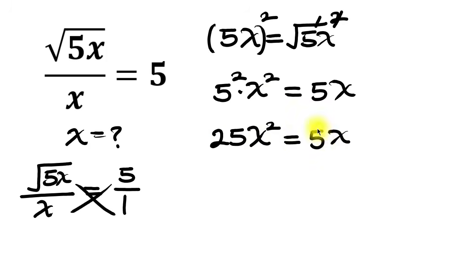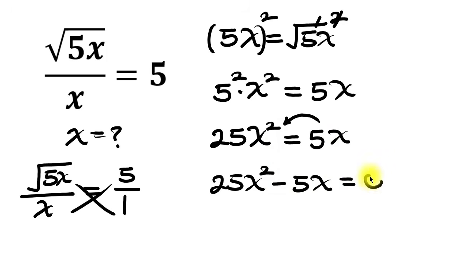Now our next step will be for us to move this 5x to the left hand side, so that we have 25x squared, and as 5x crosses to the left, it becomes minus 5x, and this is equal to 0.